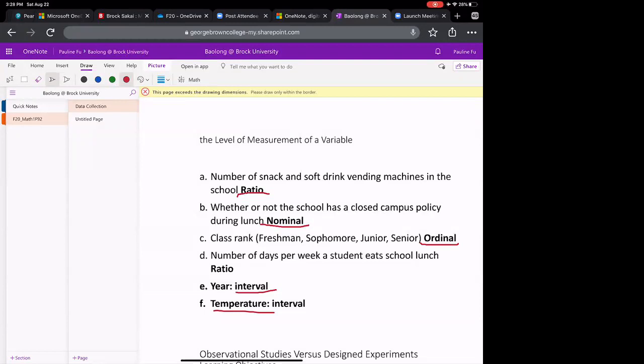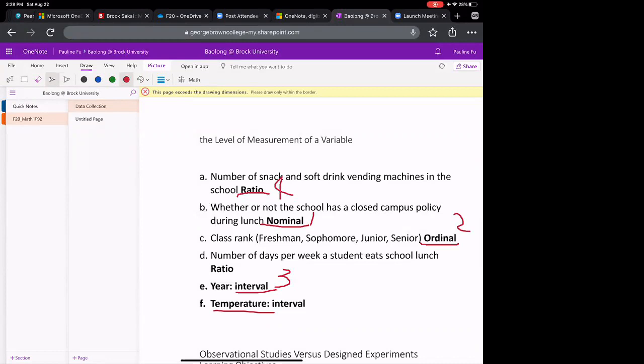Okay. So far we divide data based on level of measurement, and we are saying based on level of measurement, we have nominal data, ordinal data, interval data, and ratio data. Okay, this is on one hand.